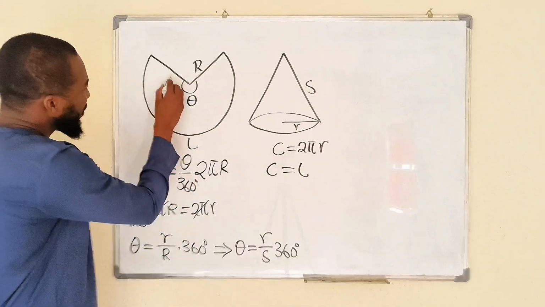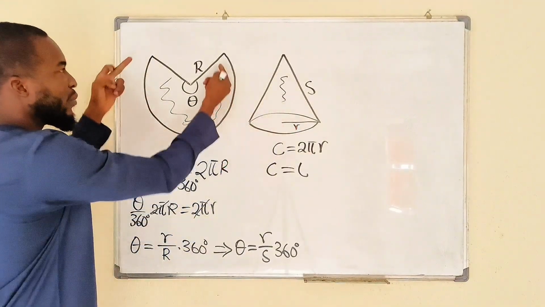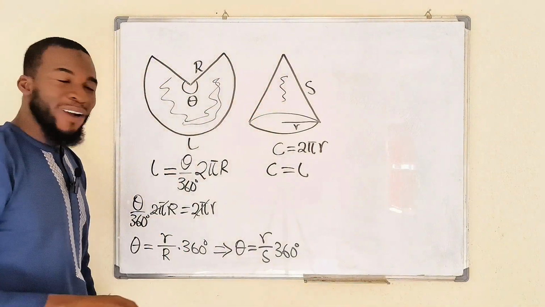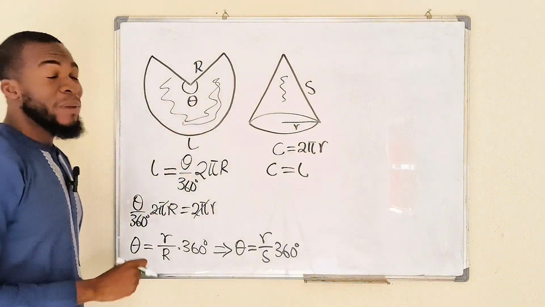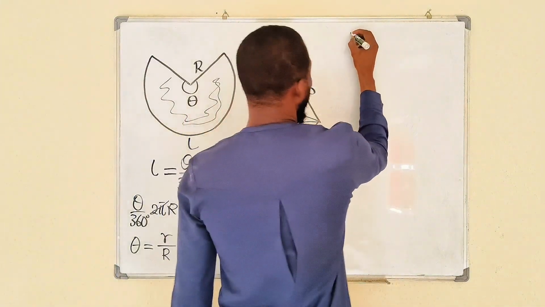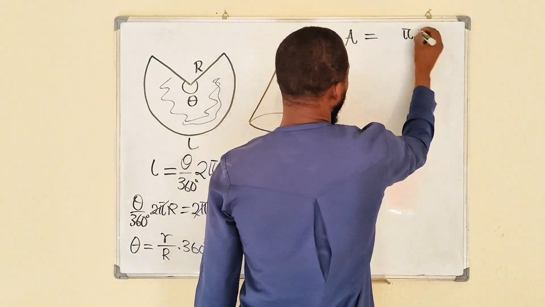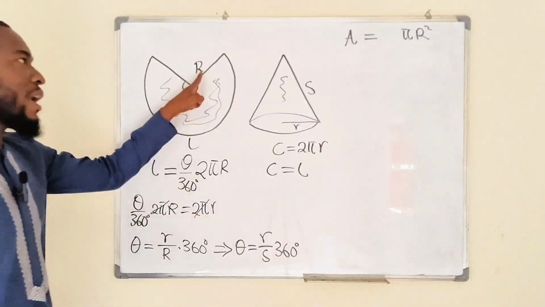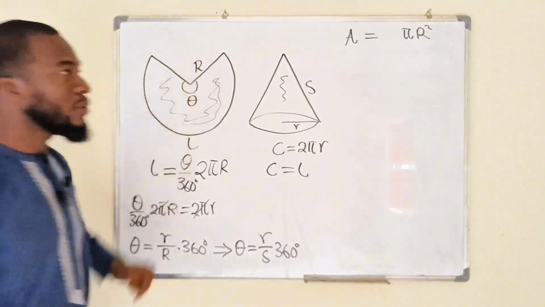You should know that this surface is equivalent to this surface, because the moment you fold it, this surface will be the curved surface area of the cone. What is the area of this? Remember, area of a circle, let me start here. Area of a circle is what? Pi R squared. I use capital R because we have capital R. But this is just a portion of a circle.